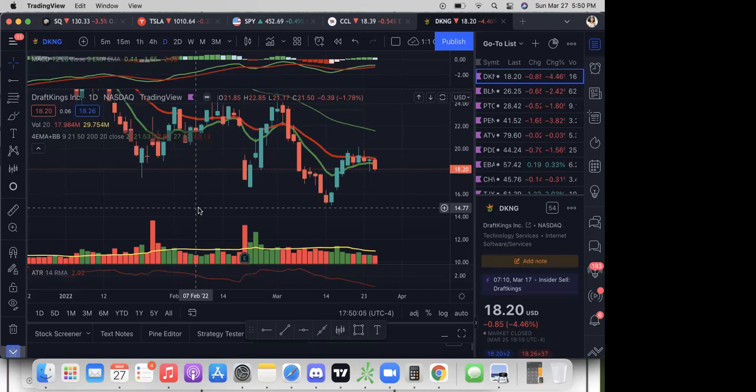Are you viewing the charts the right way? That would be the next thing. Other than that, only you know what your risk tolerance is. For example, certain people can afford to lose $10,000 and take it on the chin like it's nothing, and other people are like, man, if I lose 100, I'm gonna be crying. That depends on you and what you have going on.